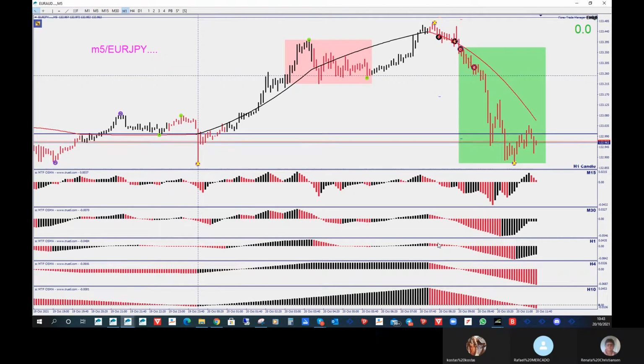Then if you're saying, okay, this is the high of the session coming into London, then at least stay in it until your 30 minute starts to change color. That's your first indication that your 1 hour is going to be behind for the low of the session.